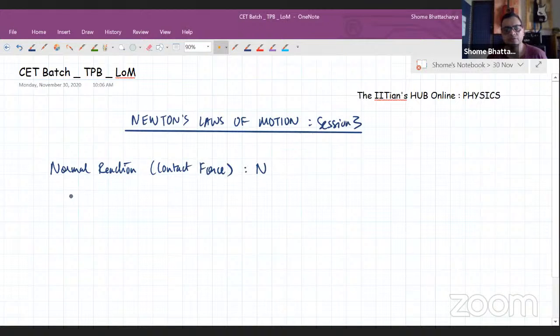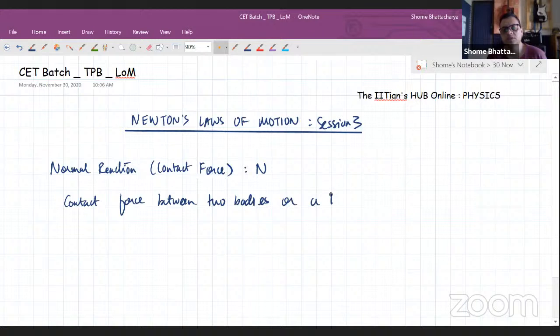So, it is the contact force between two objects in contact, okay, between two bodies or objects, or a body and a surface, in the direction perpendicular to the plane of contact.